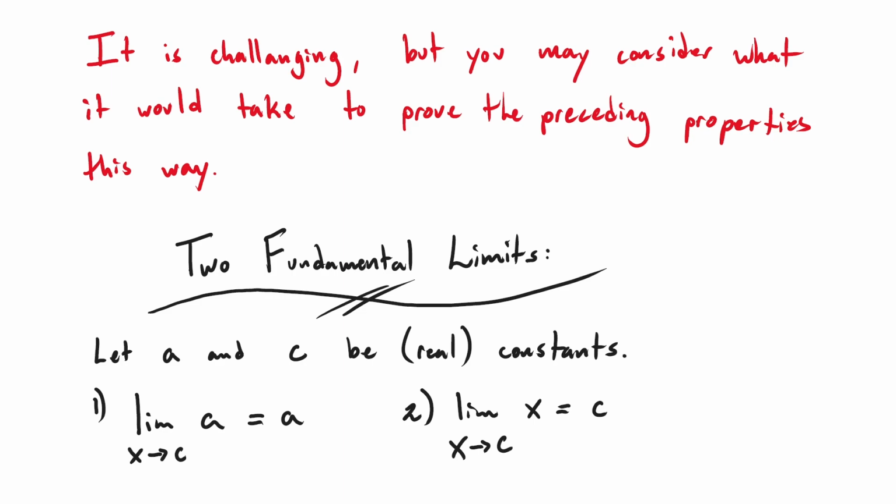The two fundamental and perhaps obvious limits that we're going to want to have on deck in order to get started using the properties that we've listed already are these. The limit of a constant function a as x approaches c, or any other number, is just that constant a. And the limit of x as x approaches c is just that constant c.